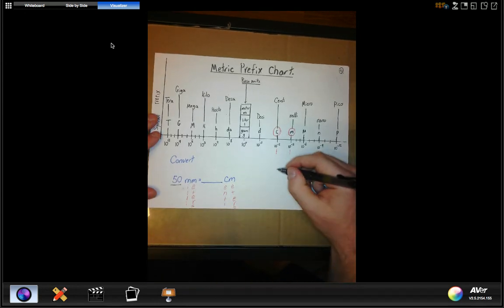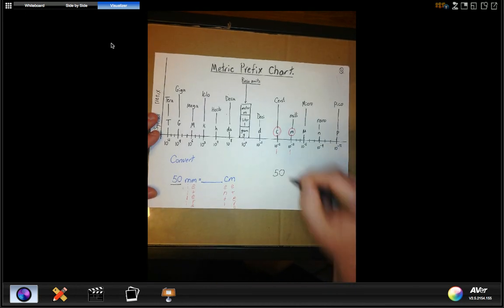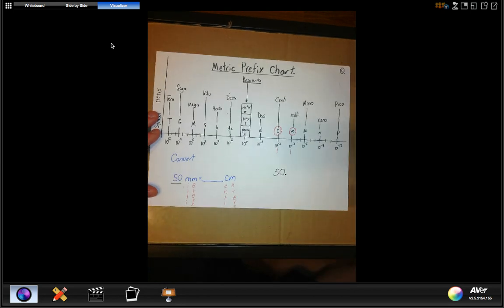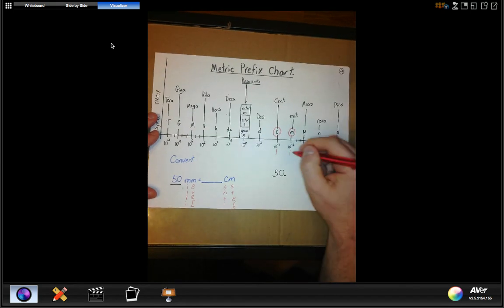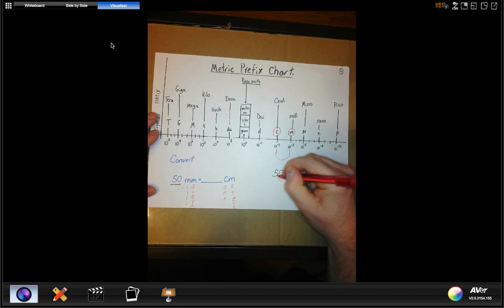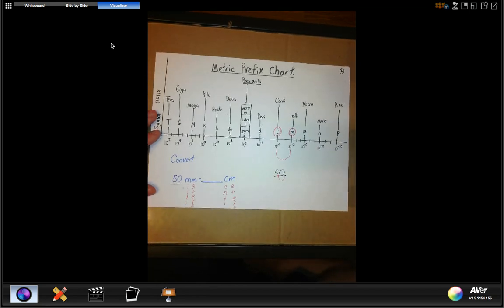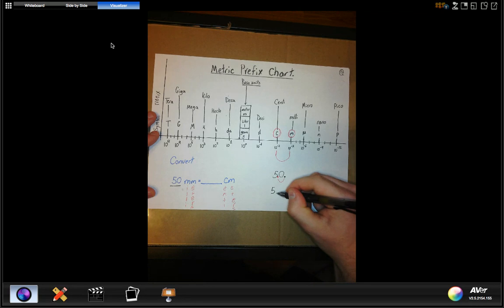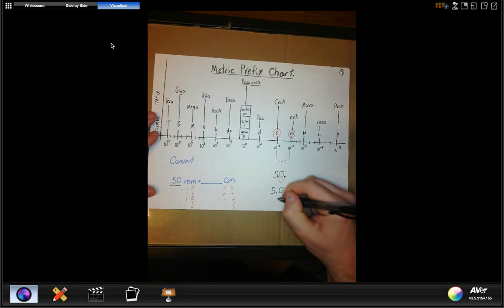In this case, it is 50. I'm going to put that decimal point right at the end there. And let's see how many places I move it. Just 1. So just one spot on the original gives me 5.0 centimeters, or just 5.